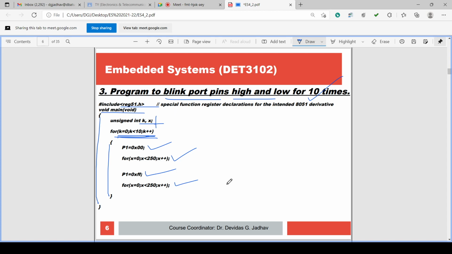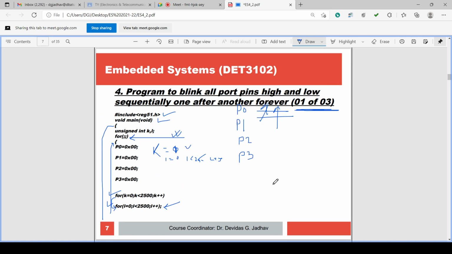So first 2 programs are infinite, and in the third program the same port is blinked 10 times. Okay. Then next will be the fourth program and fifth program.